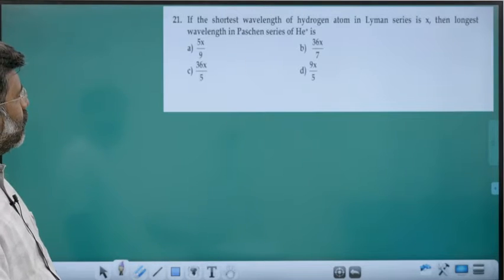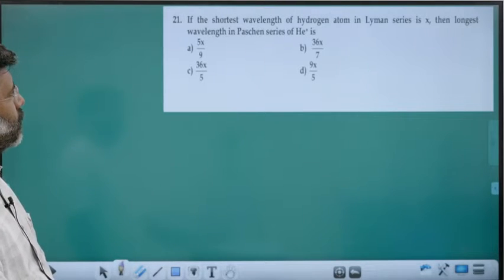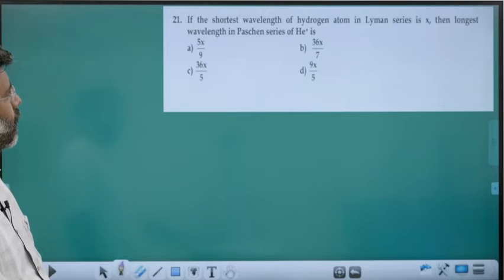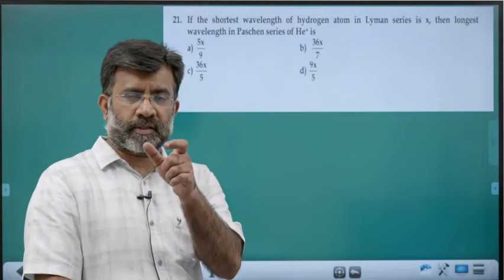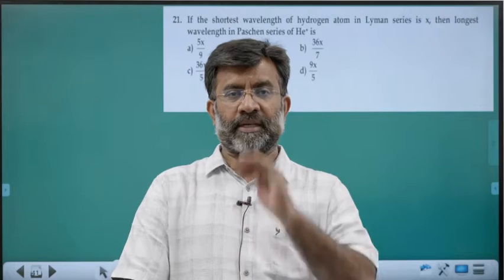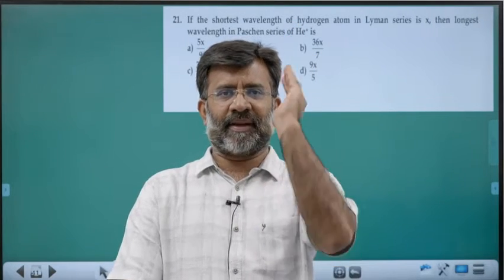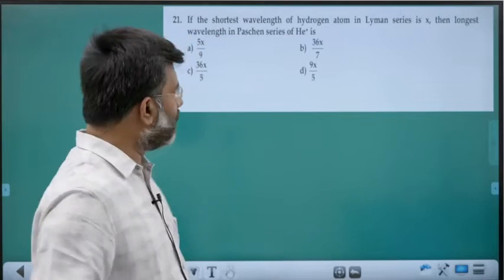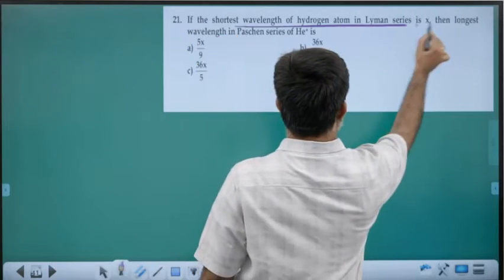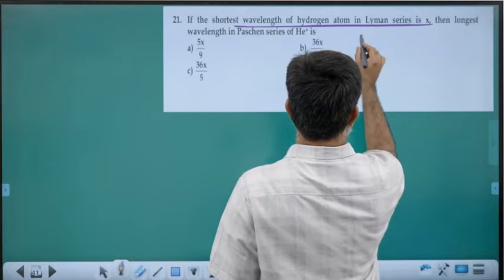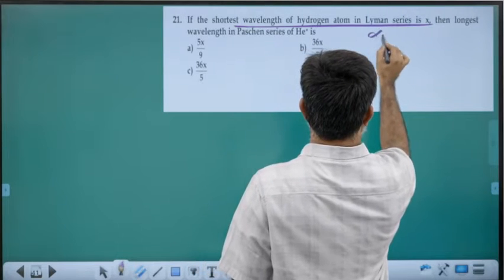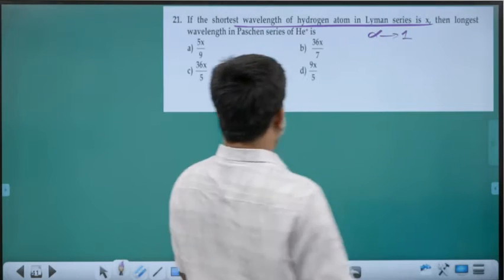If the shortest wavelength of hydrogen atom in Lyman series is X, shortest wavelength in Lyman series means maximum energy. What is the transition? Infinity to 1.